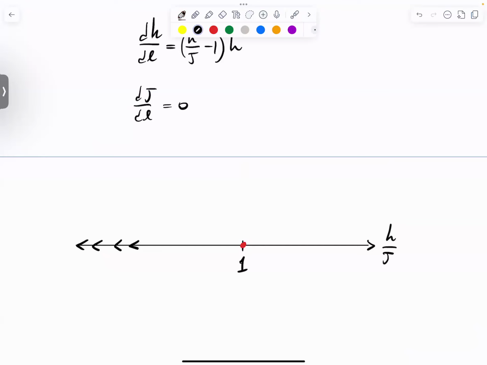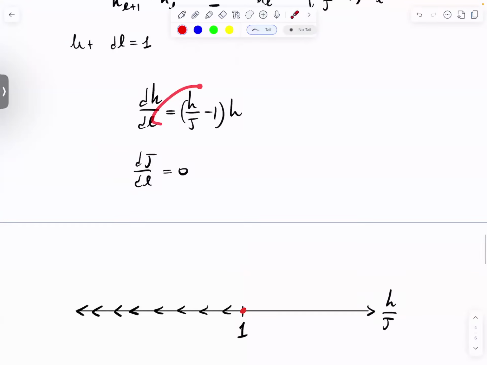Because basically the flow that we get is towards this direction as long as H is smaller than J, because this thing is negative, but once it becomes larger than J, we have flow towards the other direction. And in fact, despite the fact that we derived these equations perturbatively at large J, they turn out to be correct.